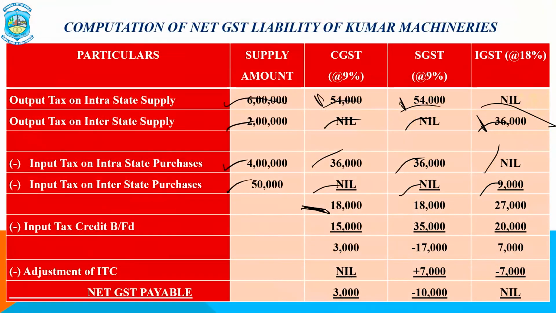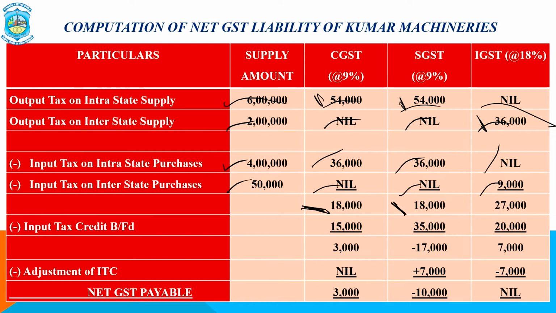Next is again 54 minus 36, 18,000, and the last is 36 minus 9, 27,000. It means this dealer has to pay CGST 18,000, SGST 18,000 and IGST 27,000. I think it is the gross tax liability, not a net tax liability.